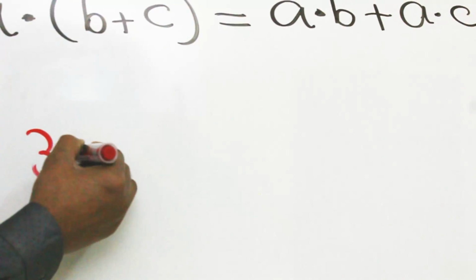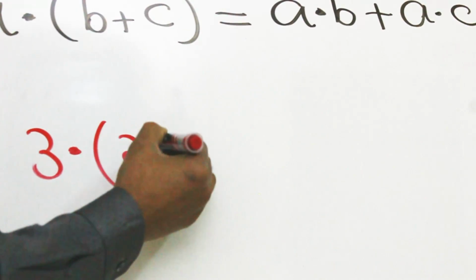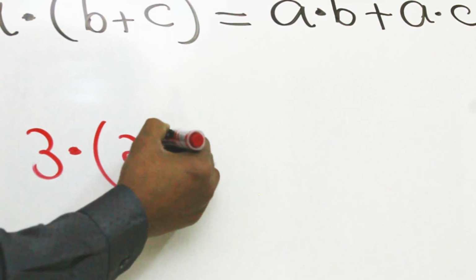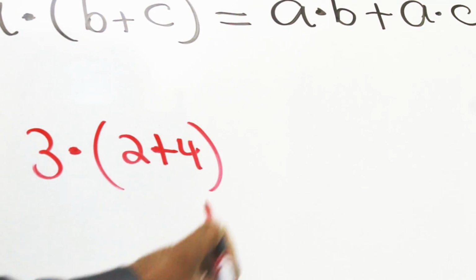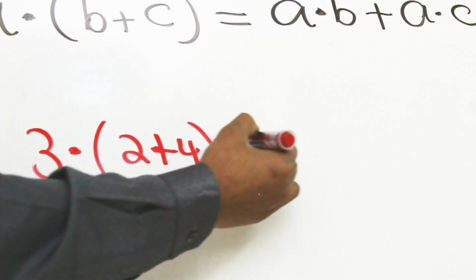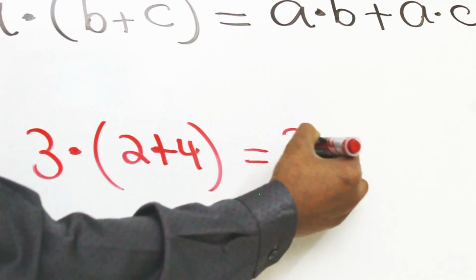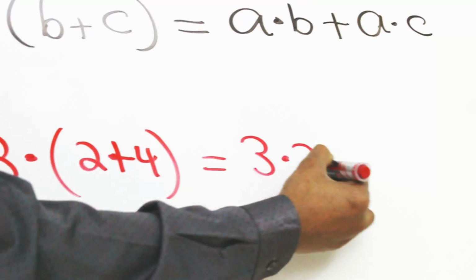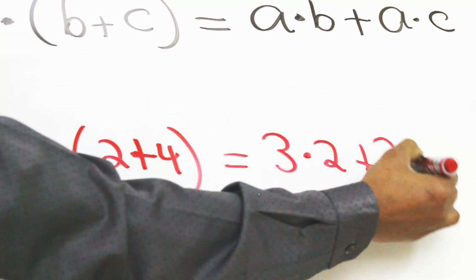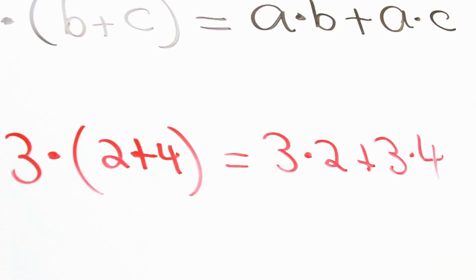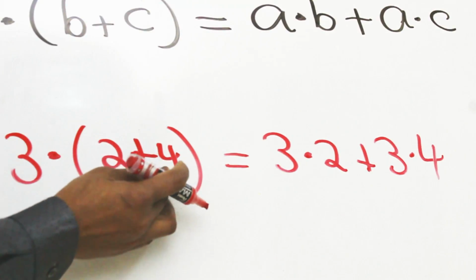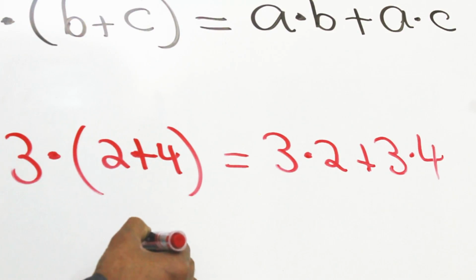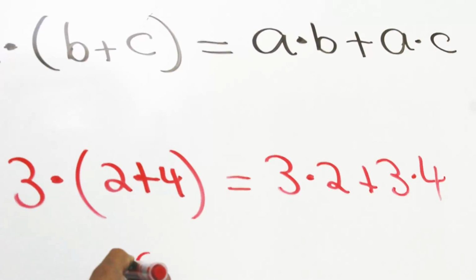3 multiplied by the bracket 2 plus 4 equals 3 multiplied by 2 plus 3 multiplied by 4. We will check this one. First we go for the bracket: 2 plus 4 is 6, multiplied by 3.